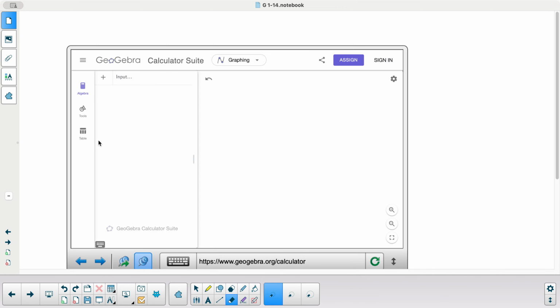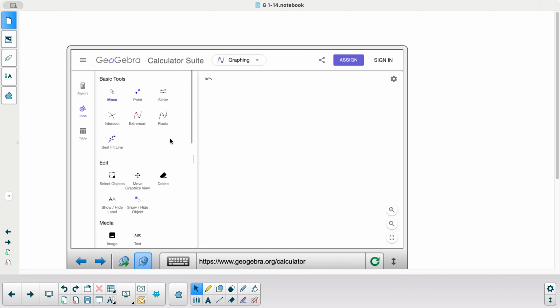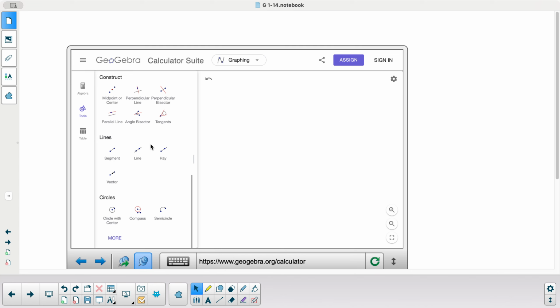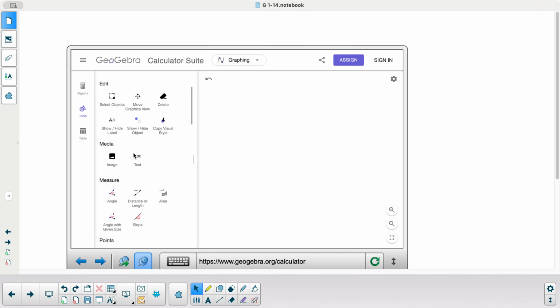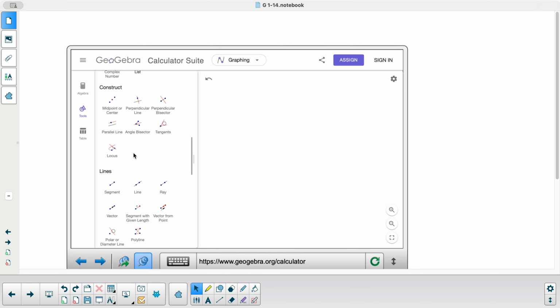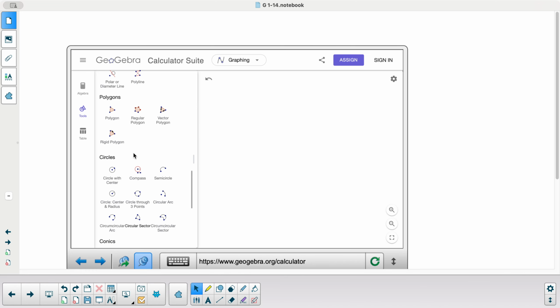So I'm going to just draw a figure here, and I'm going to rotate it. Let me draw a polygon. I'll make it kind of a weird shape, so I think you can see it a little bit better.